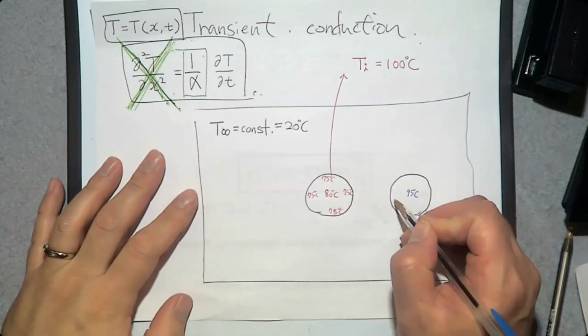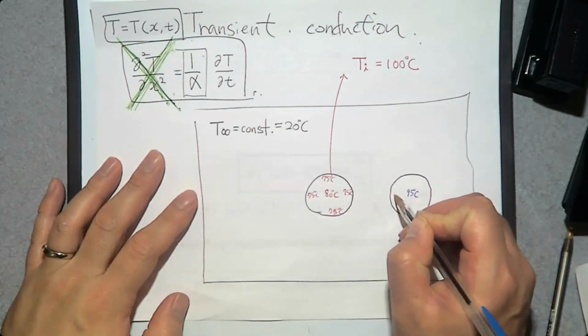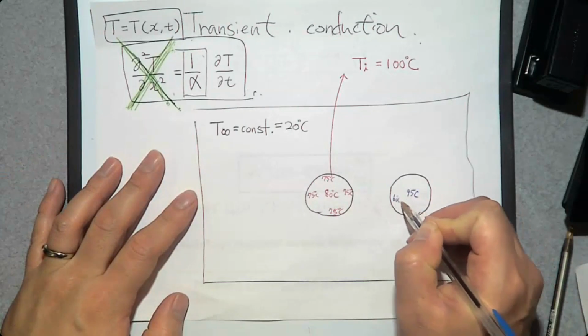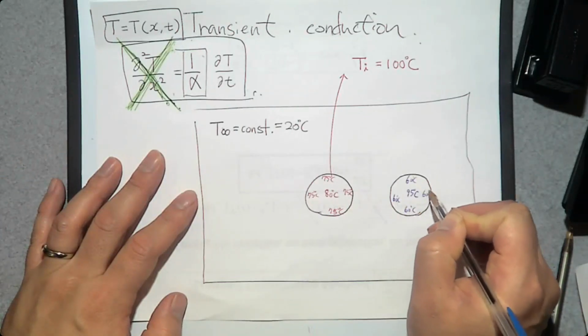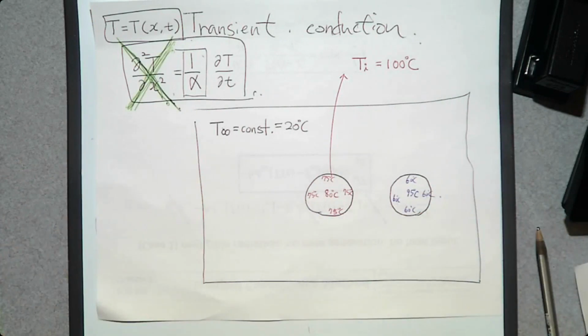So the surface may be 60. If this is the case, we need to consider the temperature distribution, the temperature gradient within the solid.